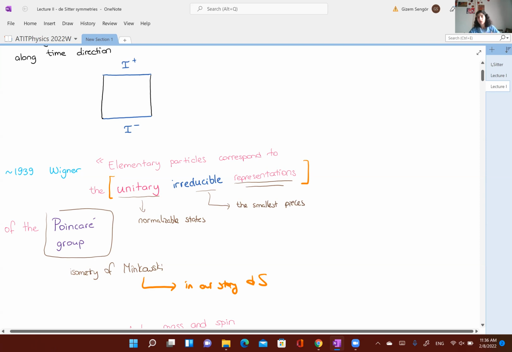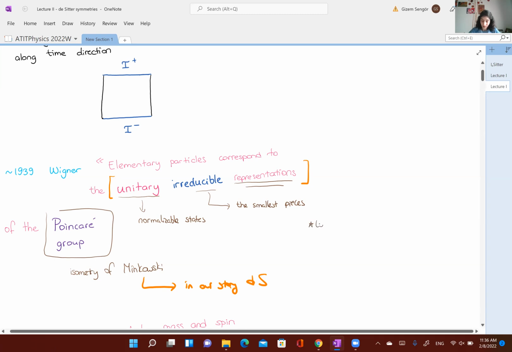Of course, these are all mathematical definitions. The definitions I give you are a little bit intuitive, but to work with them, to check that a representation is irreducible, all of these things, you need to use a lot of mathematical structure. So anytime you are doing this, it's best to consult a piece of mathematical literature.